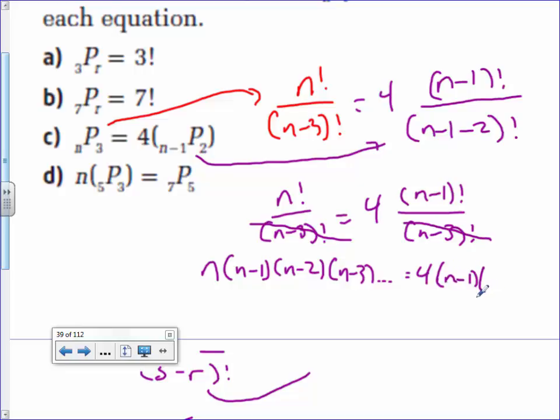So what's 1 lower than n minus 1? n minus 2. Then pick a number lower than that, n minus 3. And really, you keep doing that forever. What cancels? Like almost everything, right? That cancels with this, and that cancels with this, and everything cancels with that, and we're left with n equals 4.